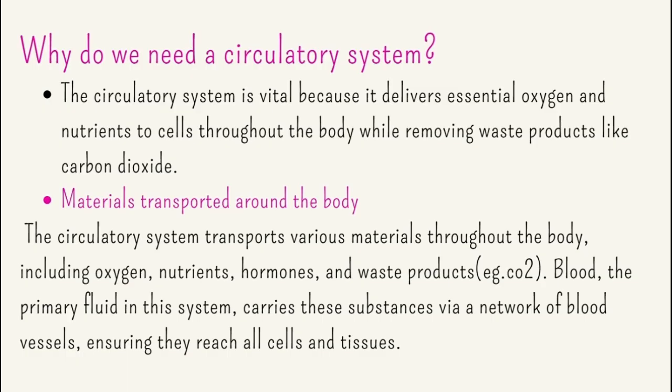Now the circulatory system literally delivers essential oxygen and nutrients to cells throughout the body while removing waste products like carbon dioxide. We as human beings inhale oxygen and we exhale carbon dioxide. Every single time we inhale that oxygen, every single organ in our body needs that oxygen.